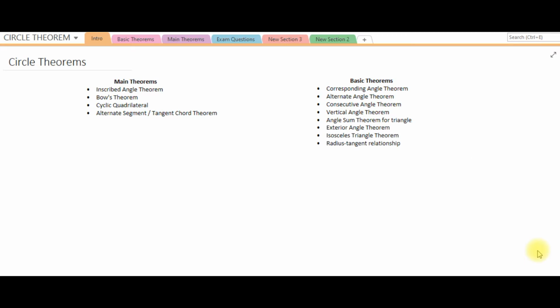Before we go over to the main circle theorems, we need to revise our basic theorems here under the subheading: corresponding angle, alternate angle theorem, consecutive angle theorem, vertical angle theorem, angle sum theorem for triangles, exterior angle theorem, isosceles triangle theorem, radius tangent relationship.